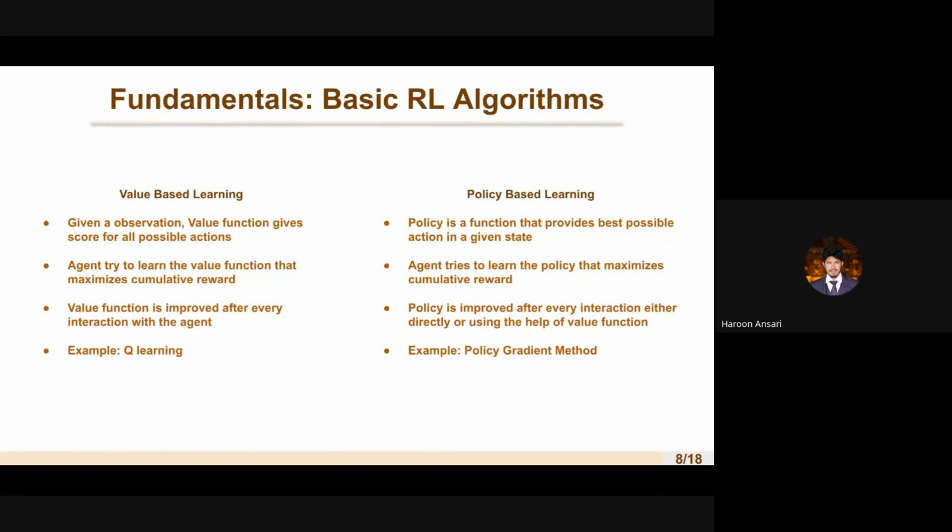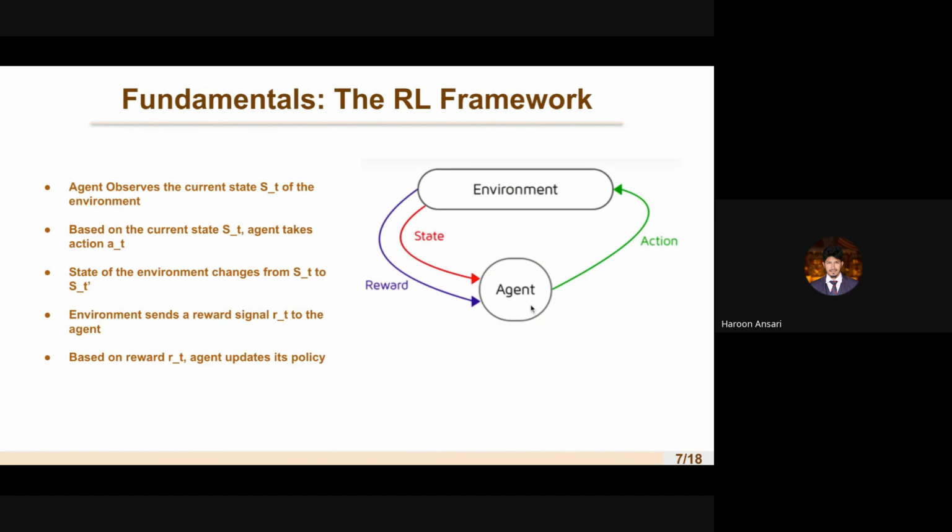We have discussed the basic framework of the RL. When we talk about learning, it has to be based on some algorithms. So how do we do that? If you look at the previous diagram, we say that the agent receives a reward and then it updates its policy.